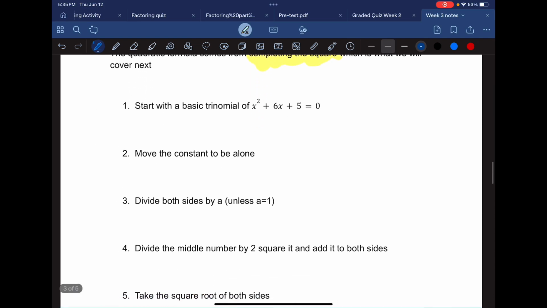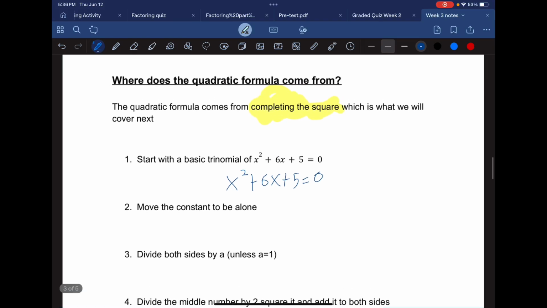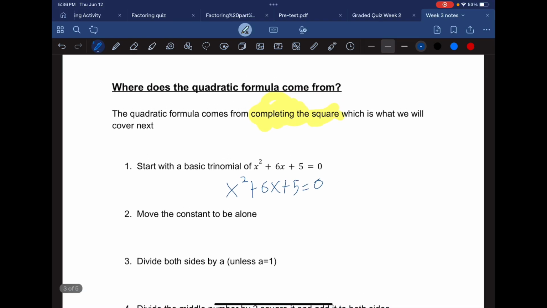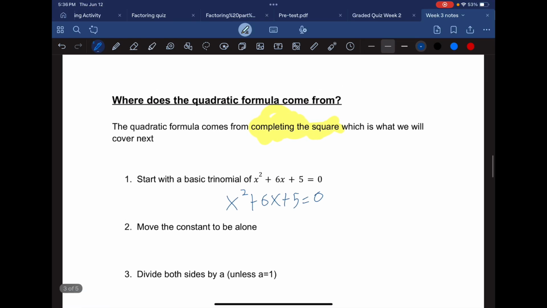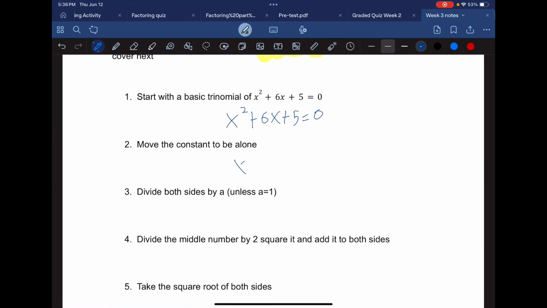All right, so we're going to start with just x squared plus 6x plus 5 equals 0. I know that we could factor this. There's a ton of different ways that this problem could be solved, but it's just an easy example for completing the square. So we're moving the constant to be on its own.